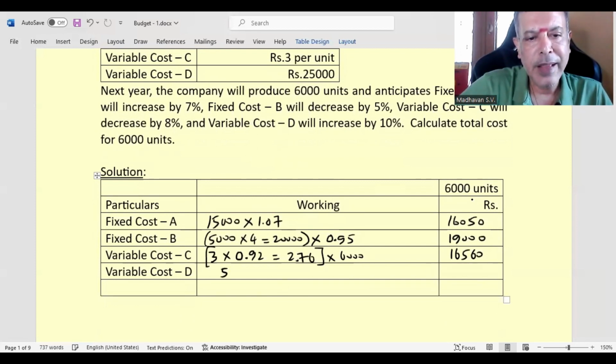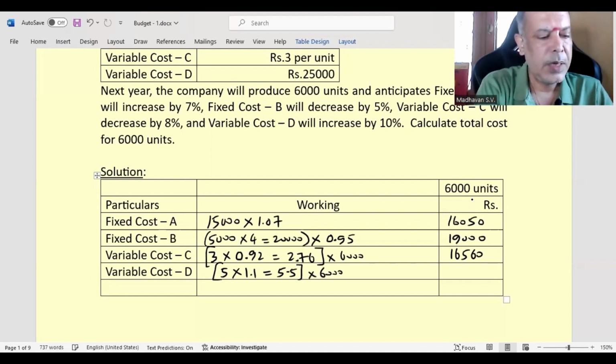And then there is an increase expected by 10%. So I will multiply it by 1.1. So we get 5.5. And that we will multiply with 6,000 units. 5.5 into 6,000, we get 33,000.